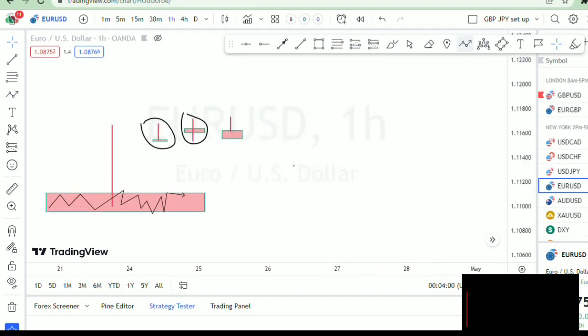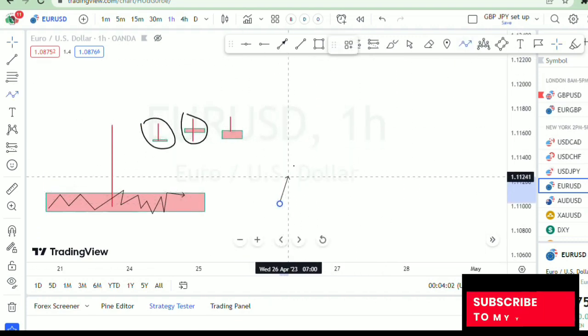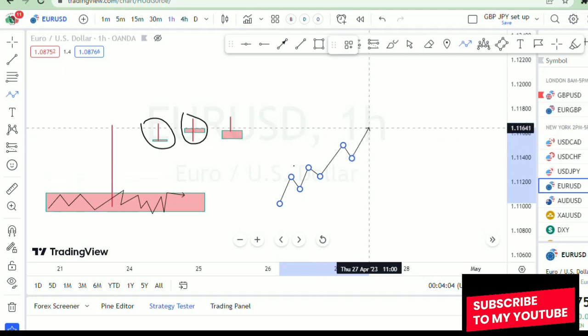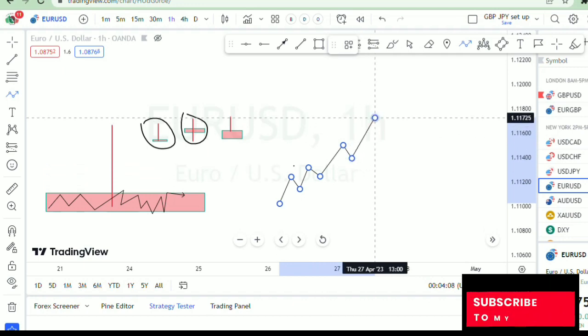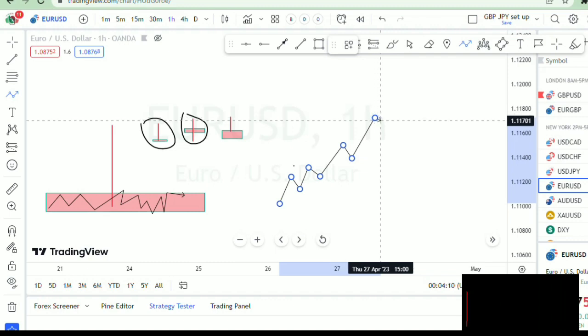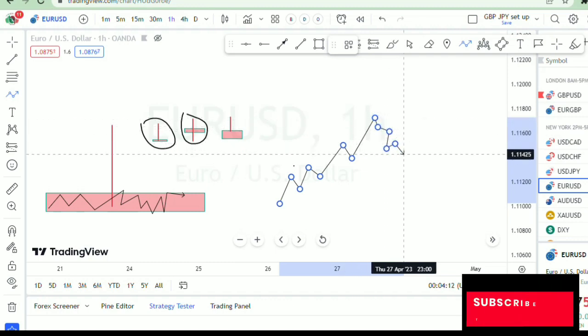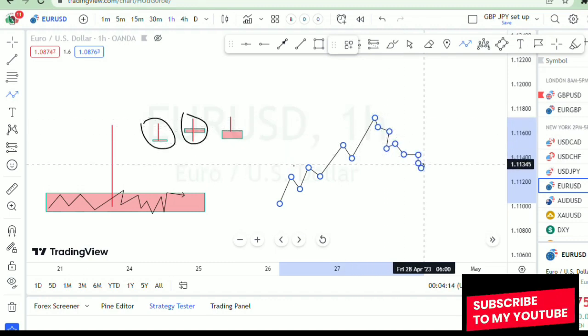For instance, let's say we had the market being bullish and suddenly the market got to this level, and the bears started rejecting price back down.